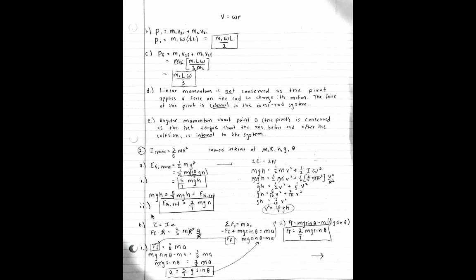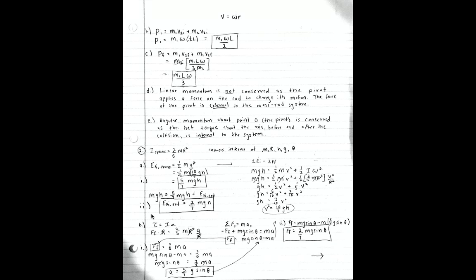All right, part B. We're asked to find the linear momentum individually before the collision. So you have the linear momentum of object 1 plus the linear momentum of object 2. Object 2 is not moving initially, so that linear momentum will be 0. We plug in m1 for the mass, and v1 initial is technically going to be the omega value, which was given to us as omega, times r.